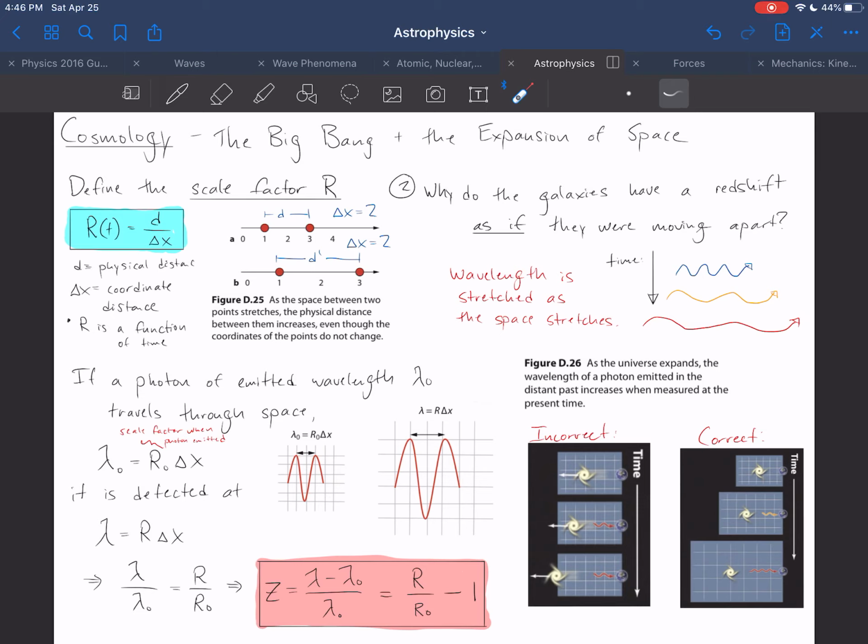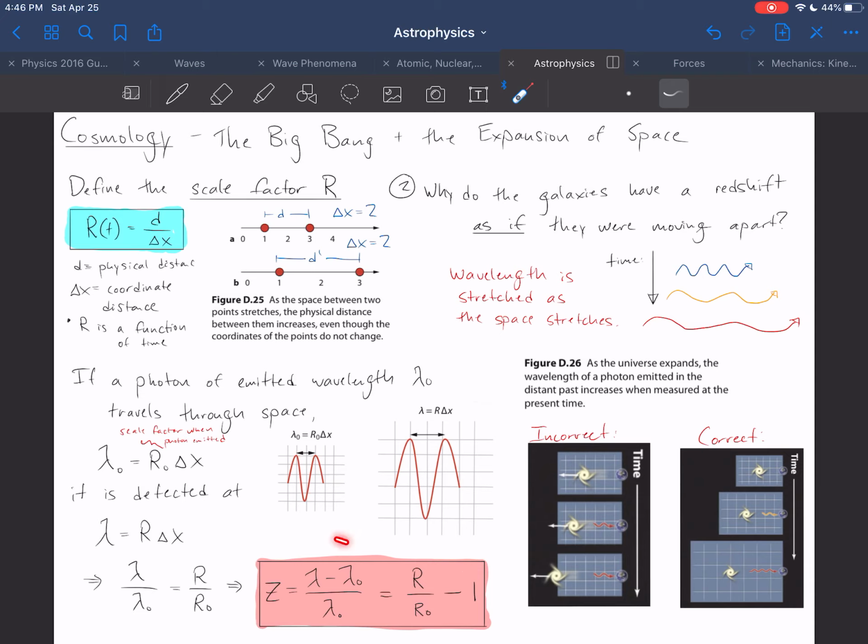And so we take the two ratios of that, and we discover that lambda over lambda naught, so the detected wavelength divided by the emitted wavelength, is equal to the ratio of the scale factors here. As a result, the redshift can be directly quantifiably related to the wavelength and to the scale factor.